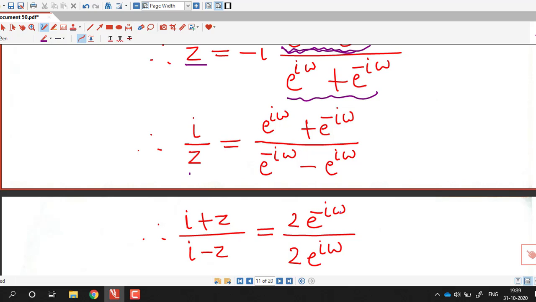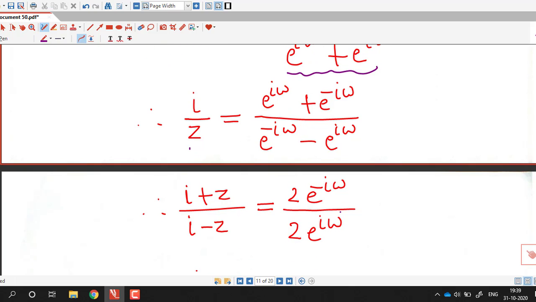Now I require i plus z upon i minus z, so I use the componendo dividendo rule, and I consider i plus z upon i minus z, that is numerator plus denominator divided by numerator minus denominator. So first here also we add these two.